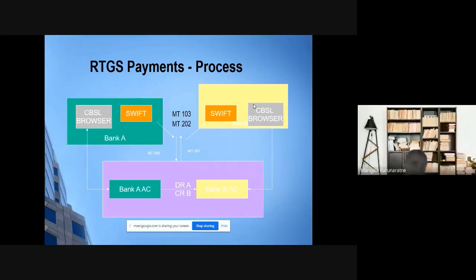Then bank B, the recipient bank, will be scrutinizing this payment, right? Actually they will scrutinize this payment for money laundering and terrorist financing, right? And all the transactions above 1 million should be reported to the FIU in CBSL, right?